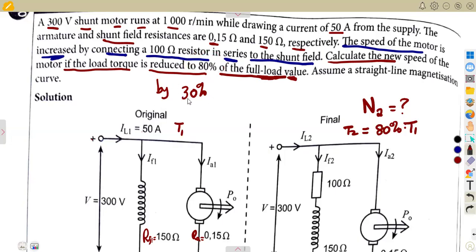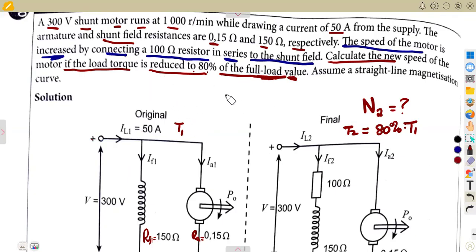But reducing by means you are removing, it's like you reduced a certain price by 30%. So it means you are subtracting the 30%. But this one is reduced to, it's to that value exactly. You are not subtracting anything. So be careful on that one.